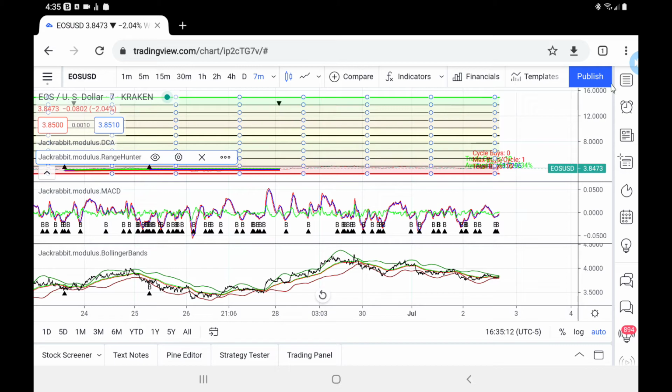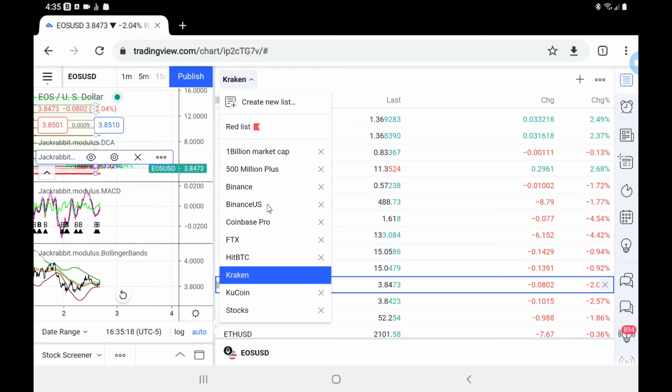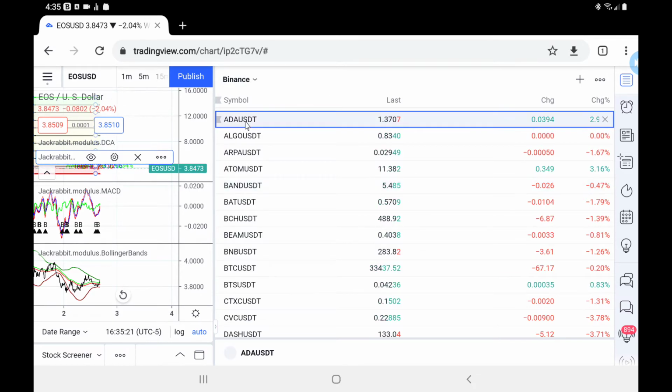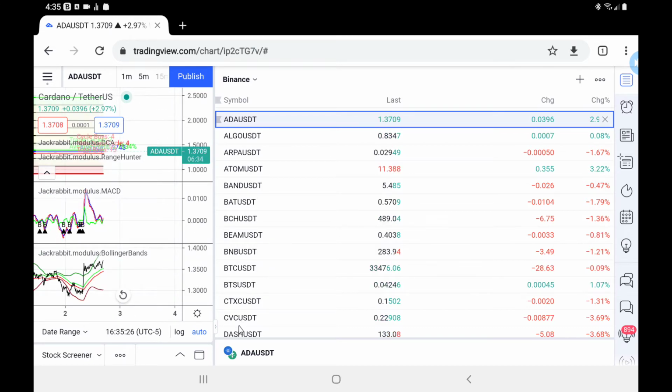So let's see how it does on lower quality coins that Binance offers. Well, first we're going to do some of the good ones, but then we're going to get into some of these lower ones.